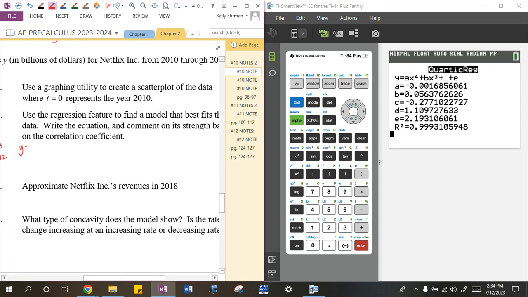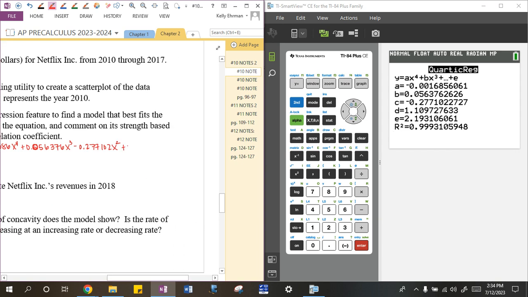So y equals negative 0.001686 x to the fourth plus 0.05636 x to the third minus 0.277102 x squared plus 1.109728 x plus 2.193106.